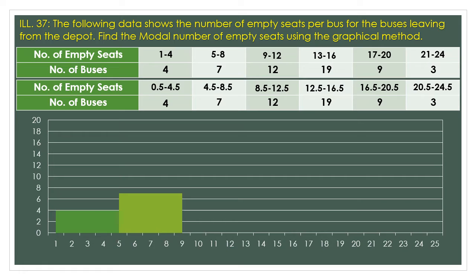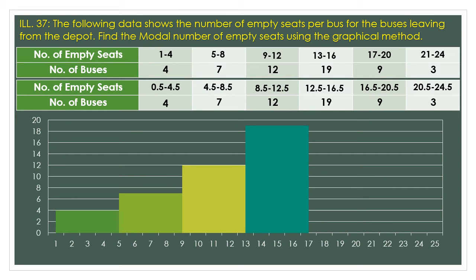Similarly, the next class is 8.5 to 12.5 and the frequency is 12. So we will draw a bar which starts at 8.5, ends at 12.5 and its height is 12. Next will be 12.5 to 16.5 with a height of 19.